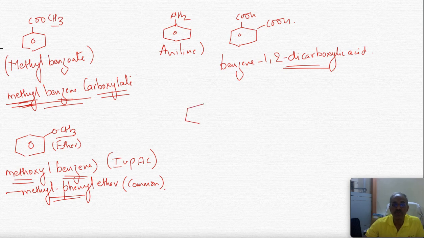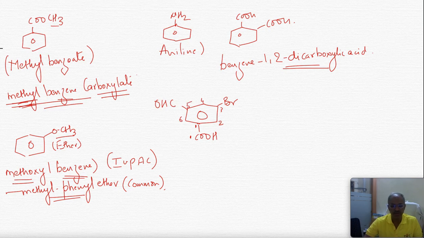Few more complicated examples. Take for example, this is CHO. This is Br, and this is COOH. Now the primary functional group happens to be this. This has to be given the primary functional group. So 1 here, then 2, then 3, then 4, 5, 6.